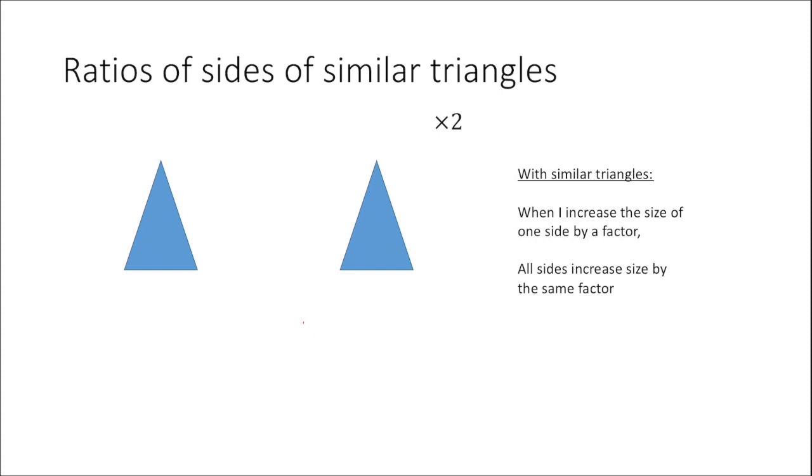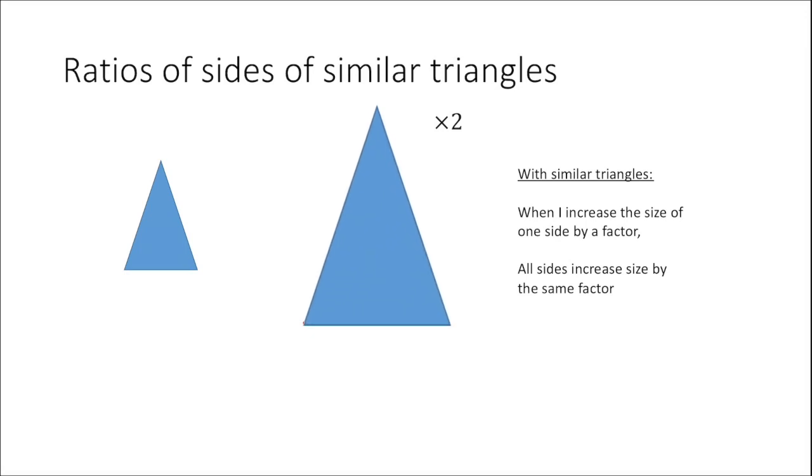Ratios of sides of similar triangles. Now, what does this mean? If my triangles are similar, that means the ratio is the same. So let's say these are similar triangles. Okay, all the angles are the same. But what does it mean, the ratio of the sides of similar triangles?